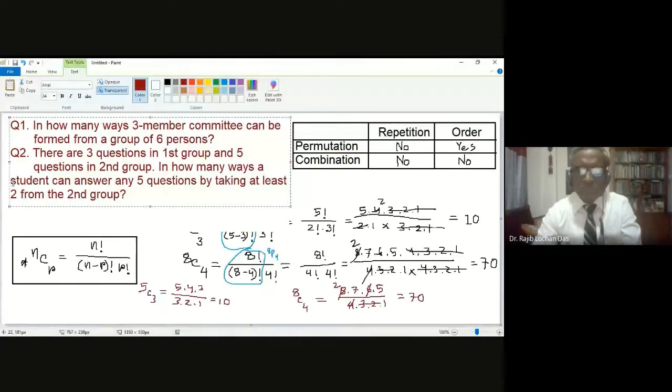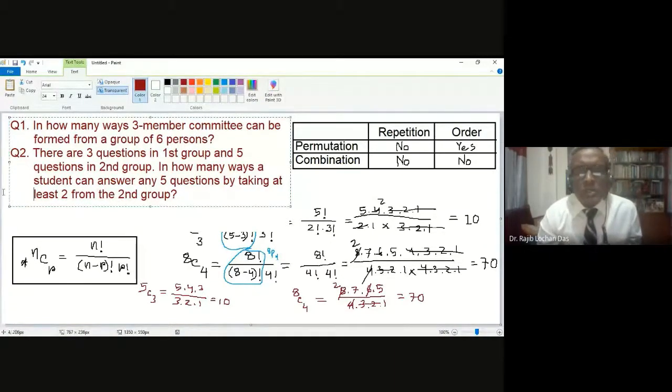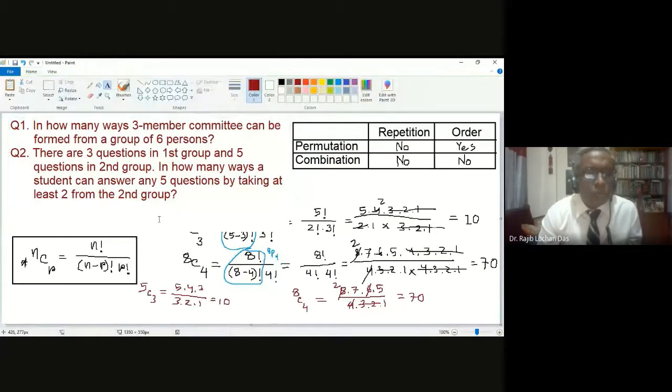Now think about this. Do you understand this question? I mean, in an exam, there is a question, and in the question, there are 2 sections or 2 groups. So one student will answer 5 questions.